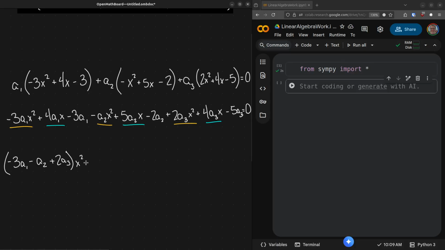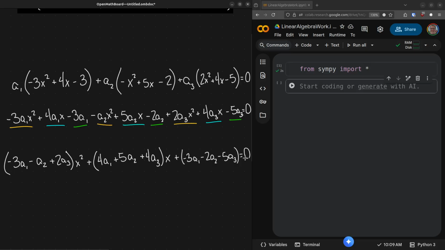If I add those like terms together, my coefficients are 4a1 plus 5a2 plus 4a3, and they're all coefficients of x. And finally the constant terms, negative 3a1, negative 2a2, negative 5a3, so plus negative 3a1 minus 2a2 minus 5a3.